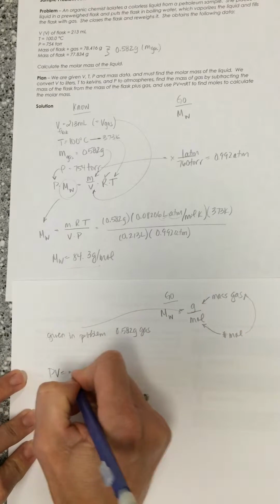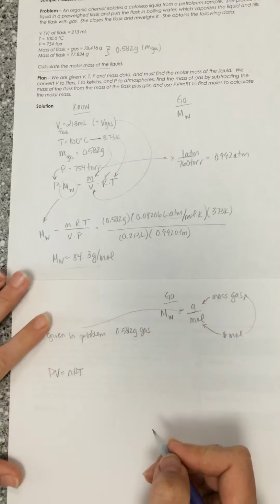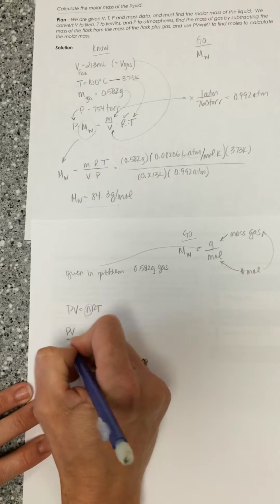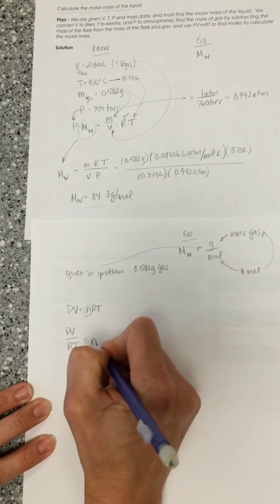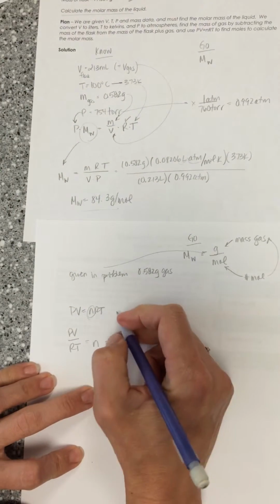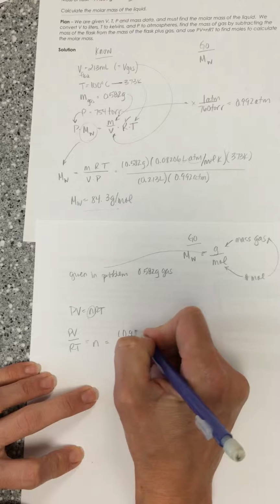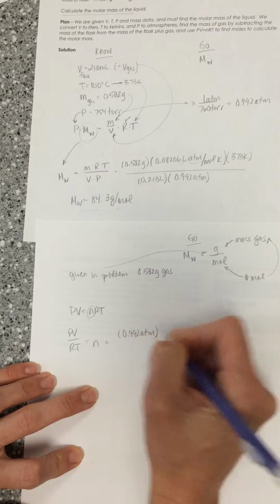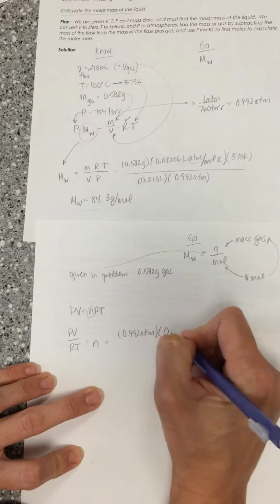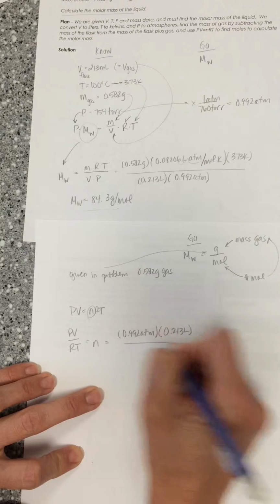Now, if we used PV equals nRT, we could solve for the number of moles. PV over RT is going to be equal to the number of moles, and we were given all of that information. We were given the pressure of the gas, again at 0.992 atmospheres. We were given the volume of the gas, which was equal to the volume of the flask, which is 0.213 liters.